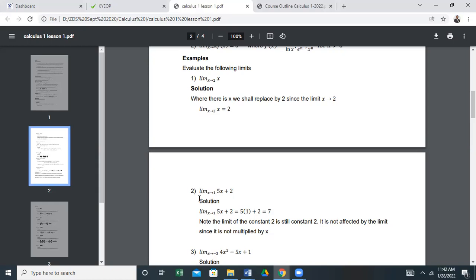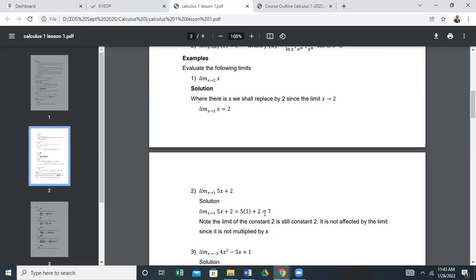When I talk of the limit of x tending to 1 in a function of the form 5x plus 2, then I'm going to substitute my x with 1. Therefore, the limit of that function will be 5 into 1 plus 2, which is 7.